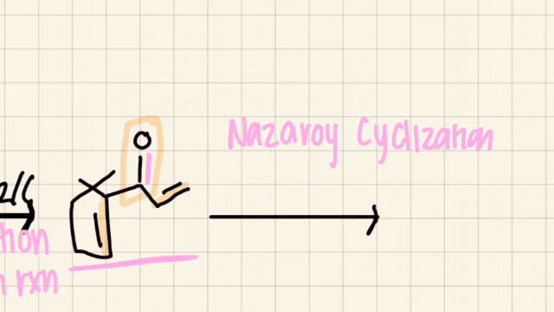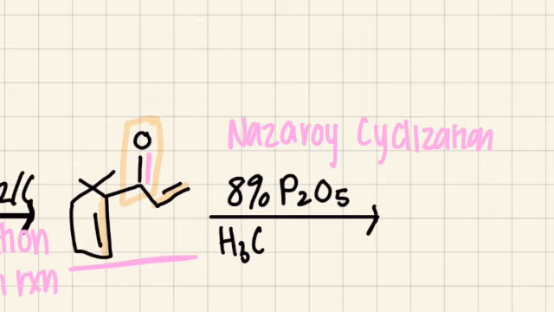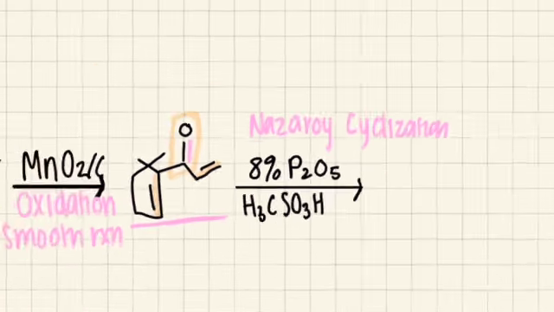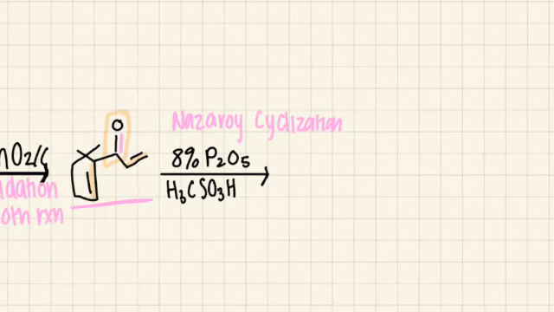And the reagents used here, or what they used specifically, was an 8% phosphorus pentoxide, and they also used methane sulfonic acid.